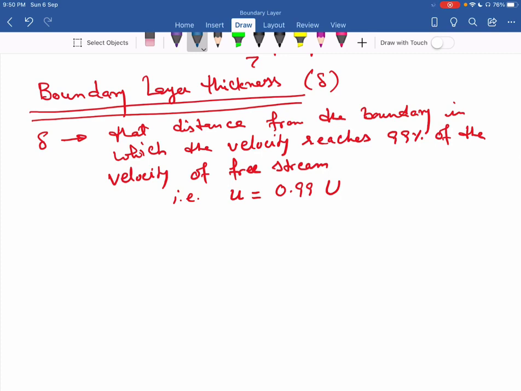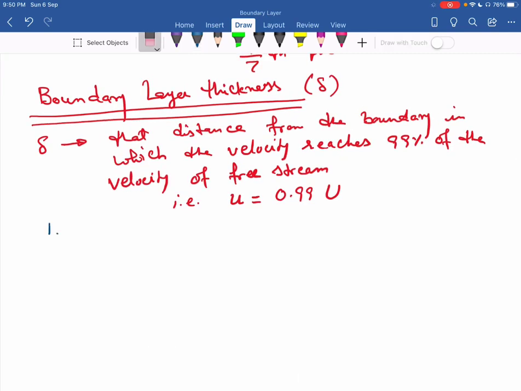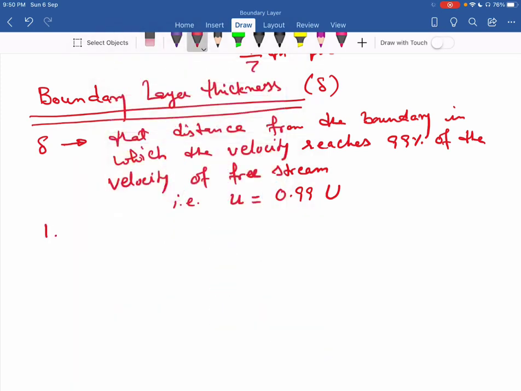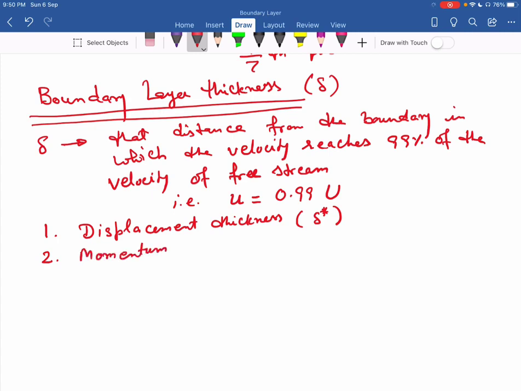The first is called displacement thickness, represented by delta star. The second is momentum thickness, theta, and the third is energy thickness, represented by delta E.